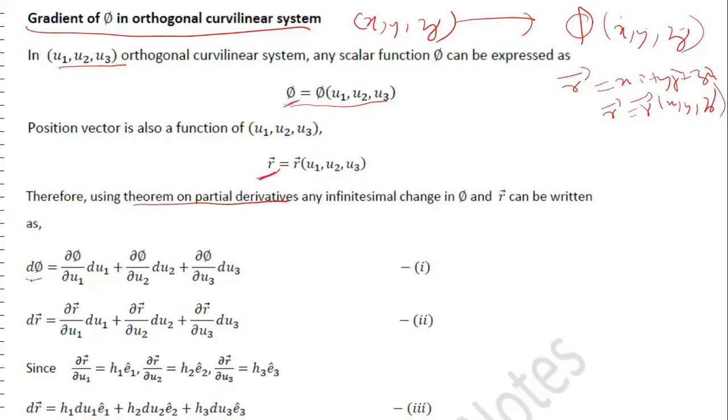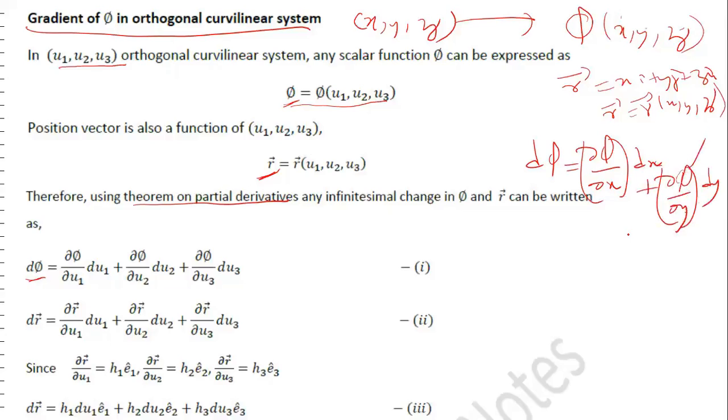Okay, so d phi can be written like I have just shown you in the Cartesian system. D phi was written as the rate of change of phi with respect to x multiplied by the change in x. Del phi upon del y measures how quickly phi changes with y, multiplied with dy, and similarly del phi upon del z measures how quickly phi changes with z, multiplied with any infinitesimal change along z.